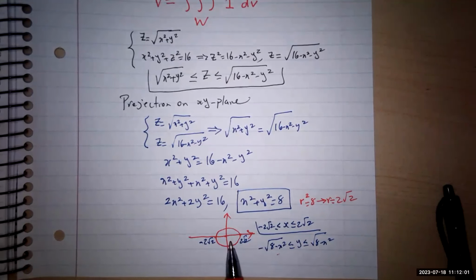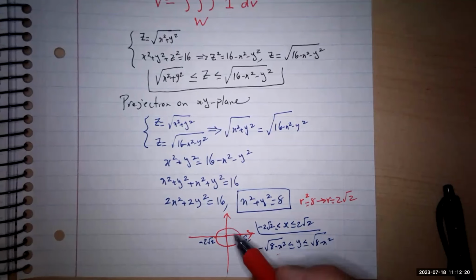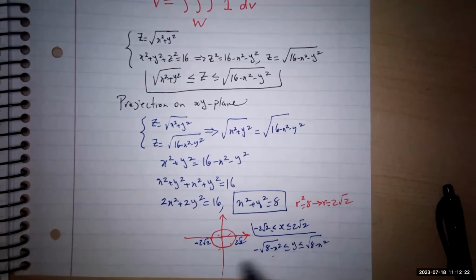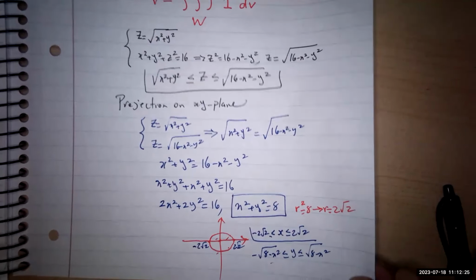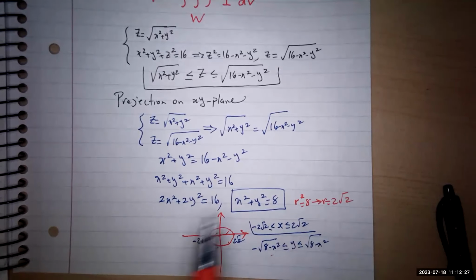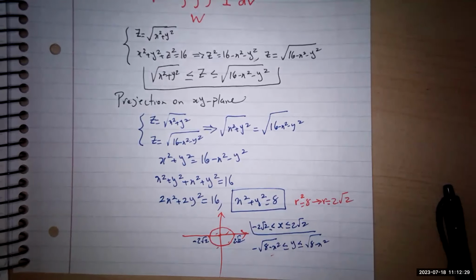So x goes from negative 2 radical 2 to 2 radical 2, then you have to find y for the semicircle. So you solve for y squared, which would be 8 minus x squared. So y would be positive and negative, the top and bottom. So a semicircle on the top, a semicircle on the bottom. You fix the x, and you have to give the y in terms of the x. That gives you that semicircle.